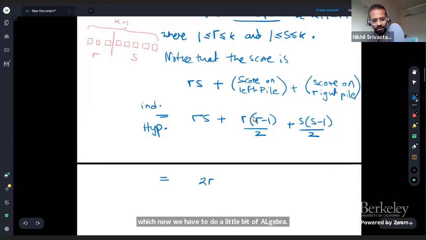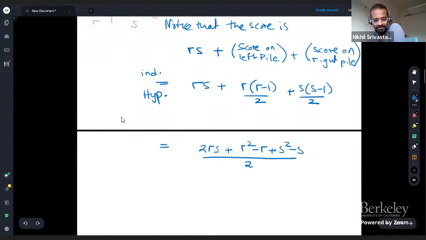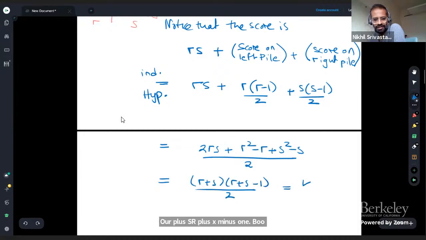So this is 2rs plus r squared minus r plus s squared minus s, over 2, which when the dust settles turns out to be (r plus s) times (r plus s minus 1) over 2, which is (k plus 1) times k divided by 2.